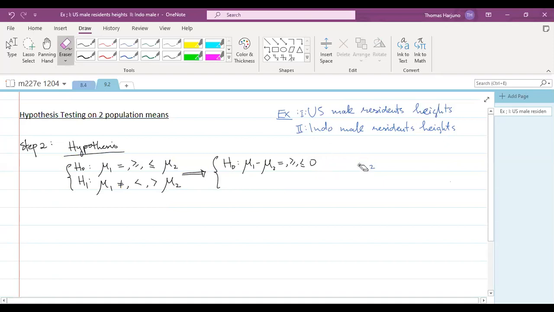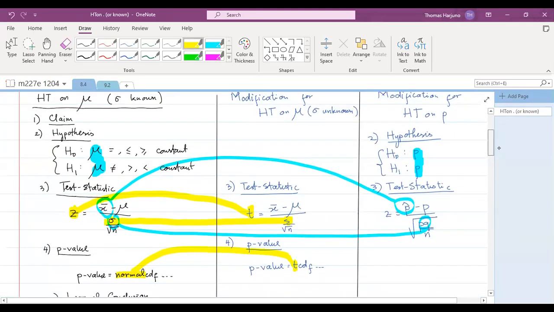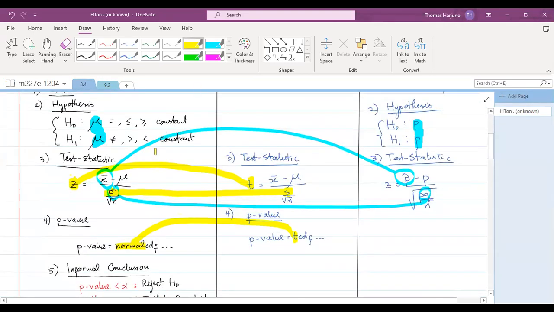Why do we need to modify that? Because we need to have a constant to use in our step 3. Remember, going back to the framework we have earlier, the mu that we use here comes from this constant.